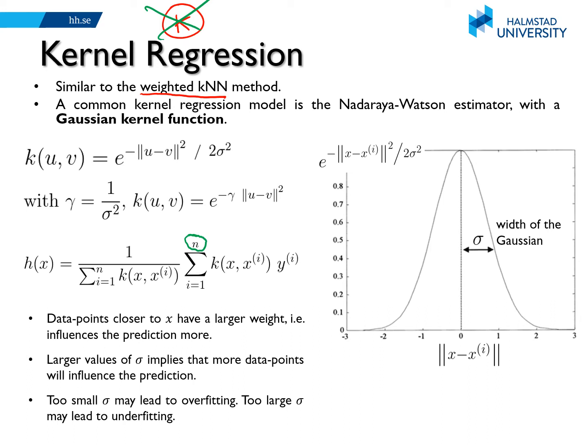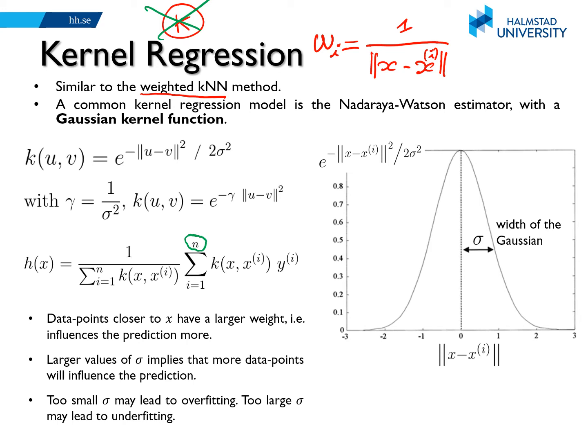Another difference is that, if you remember, in kNN, we defined the weight associated to the ith neighbor as just 1 over the distance between x and this neighbor.